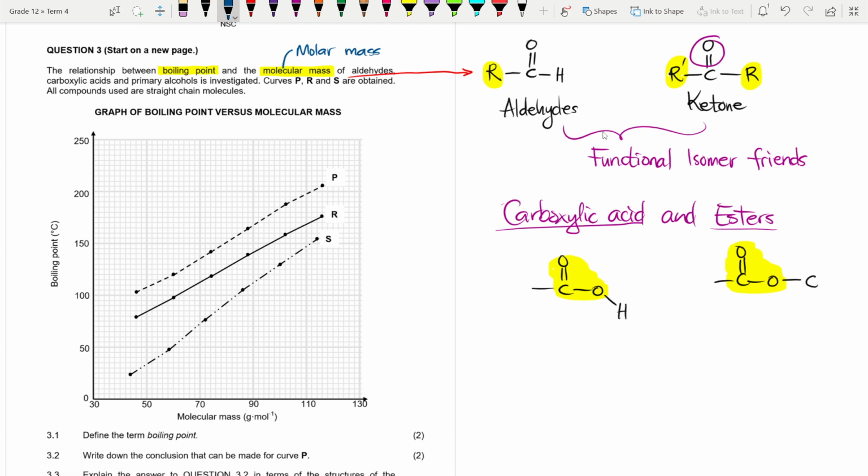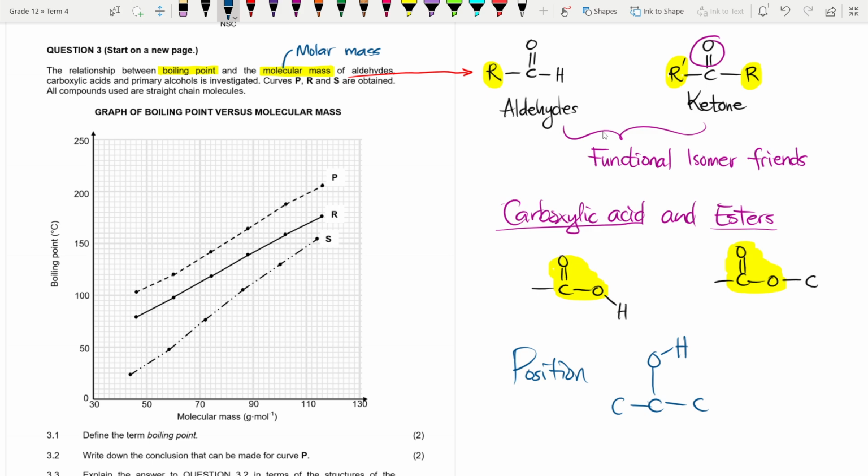But you also remember that by just moving the position, I might not even change the functional group. And that brings us to position isomers. If I move this functional group OH from one of the C's to another, then that still becomes an alcohol.